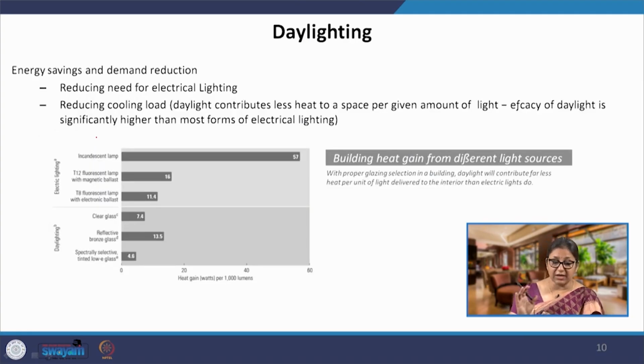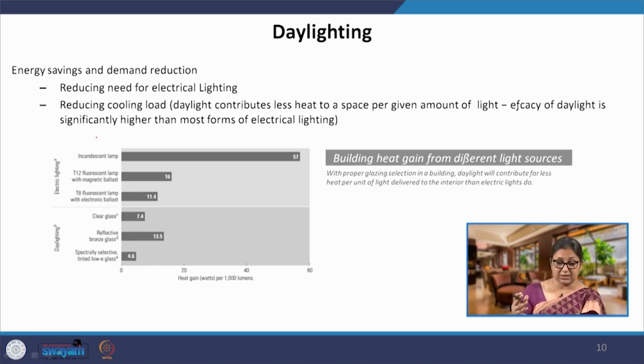Now, if we look at daylighting together, as I said, there are two things that are coming with it. We are excluding the vision part of it, the viewing part of it. Now, the moment we provide a window, we are going to get light, direct sunlight, which brings in the natural light for vision, and we are talking about the heat that is accompanied with this light.